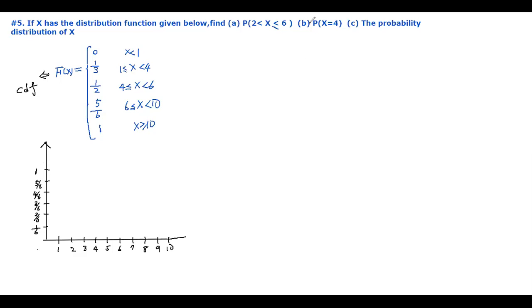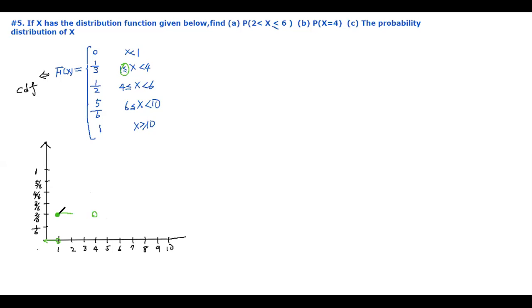Let's take a look at the graph. Less than 1 is 0, so really nothing to accumulate. From 1 to 4, with the equal sign here, it's 1/3, which is 2 over 6, so I jump over to here, all the way to 4.